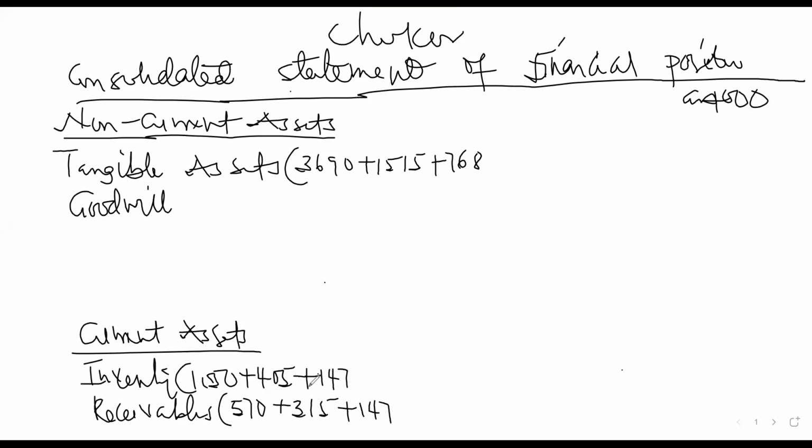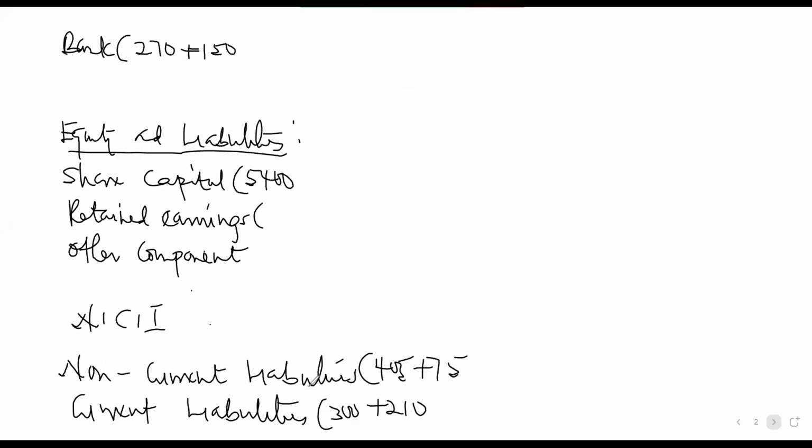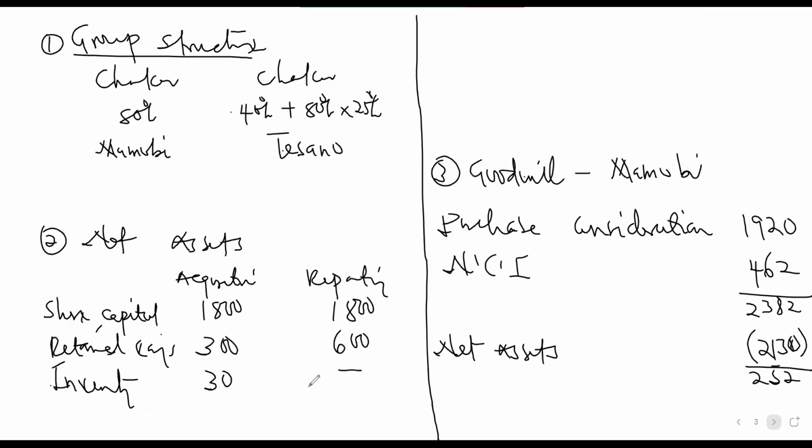Okay, and the receivables is 147. Yes, and the cash is what? 240. Yes. Okay. Their current liabilities is what? It's 150. And the non-current is what? 60. Okay. So from this particular one, we can also go and put their net assets.